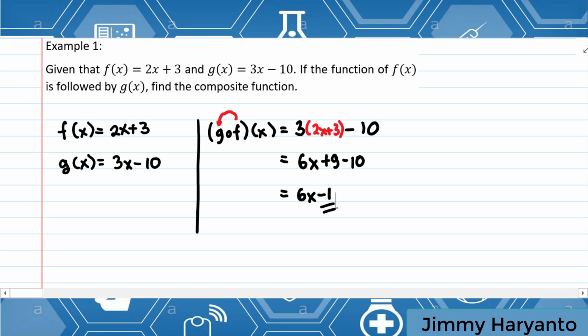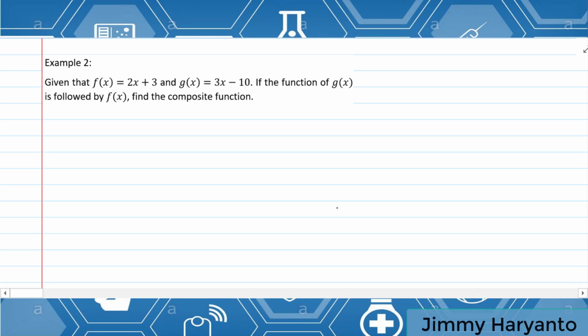Next example. Example 2. Given that f(x) equals 2x plus 3 and g(x) equals 3x minus 10. This time the function g(x) is followed by f(x). G(x) followed by f(x) means you write the f first and then after that g, that means the g has to go inside the f.